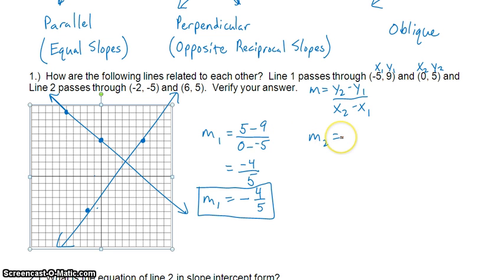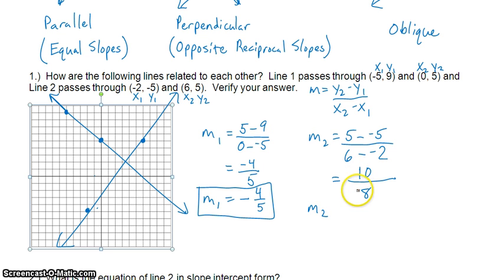Now we need to find the slope of line 2. y2 minus y1 over x2 minus x1. 5 minus -5 gives me +10, and 6 minus -2 gives me +8.